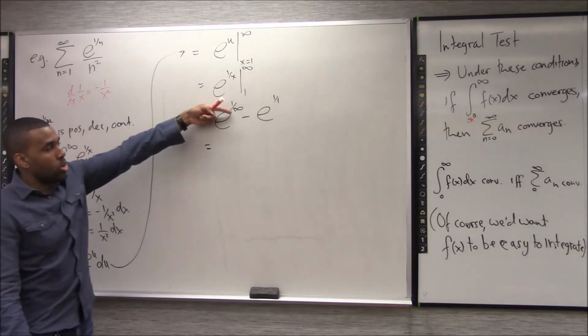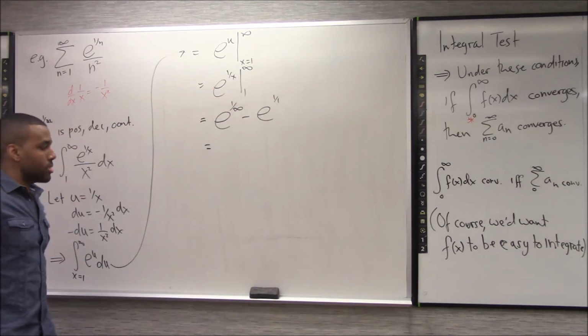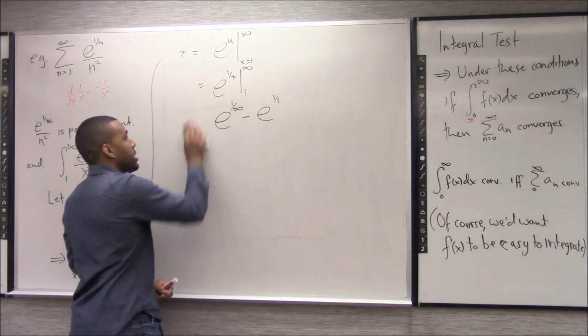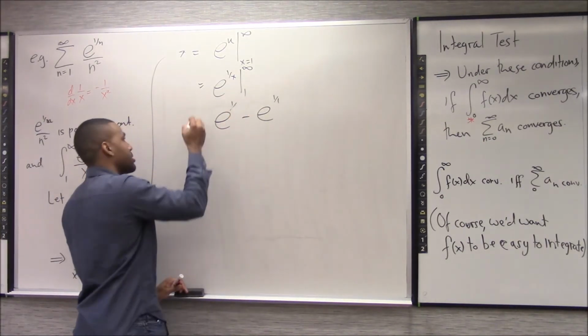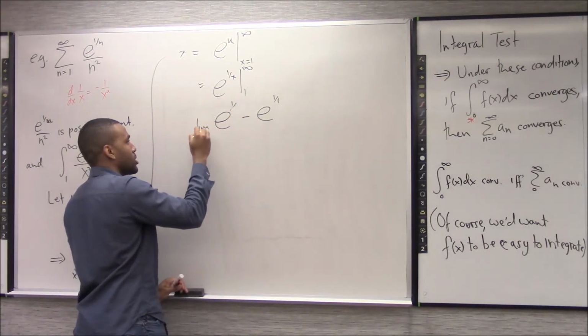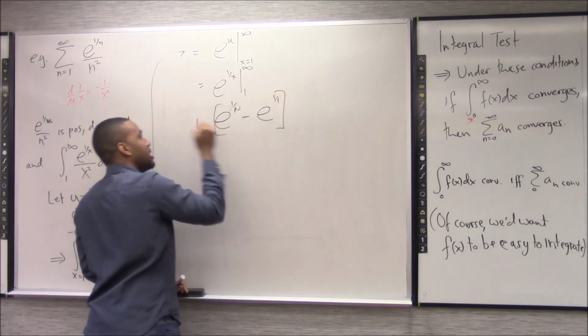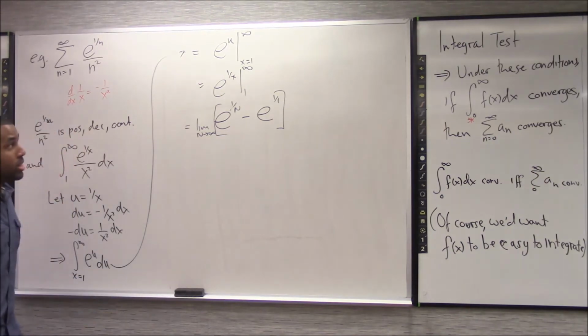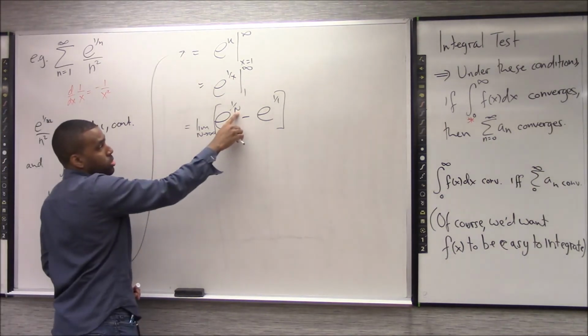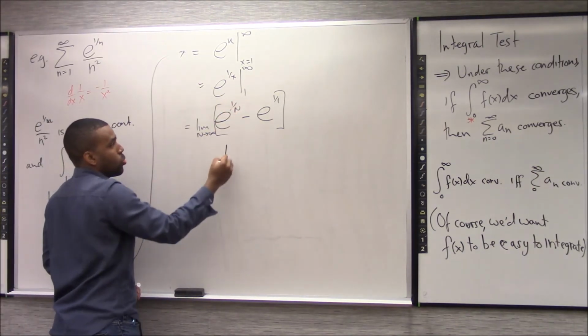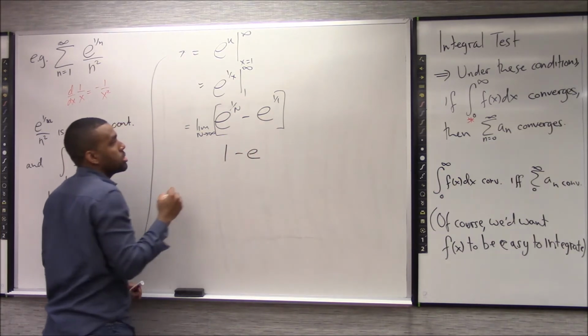Right? 1 over infinity. I mean, yes, technically speaking, and I guess since we're in Cal 2, we should sort of, technically speaking, that's how you would interpret it. But as x goes to infinity, 1 over x goes to 0, so that goes to 1 minus e.